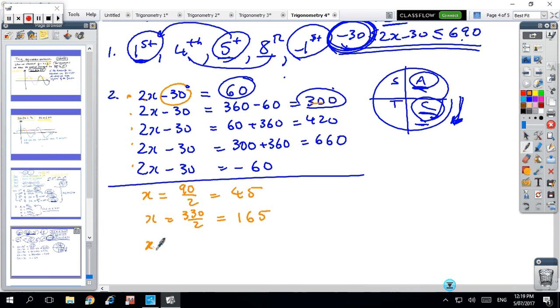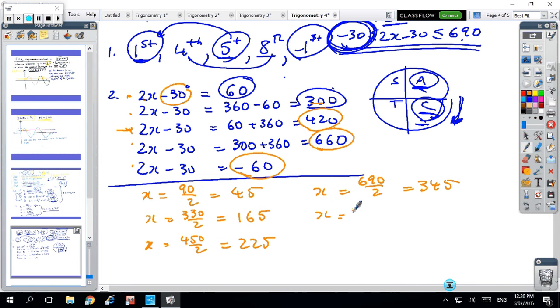Yep. The third answer, add 30 and divide by 2. Next answer is add 30 and divide by 2, so that's 345. And the last answer, add 30 and divide by 2, which is minus 15.